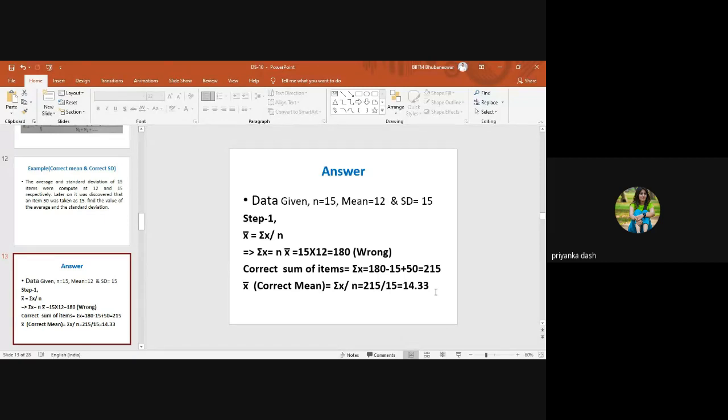It was found that item 50 was taken as 15, so the correct sum is 180 minus the wrong item plus the right one. Then I proceed to calculate the correct mean, which is 14.33.